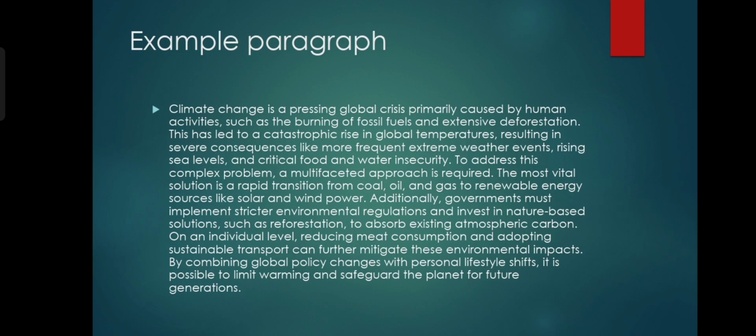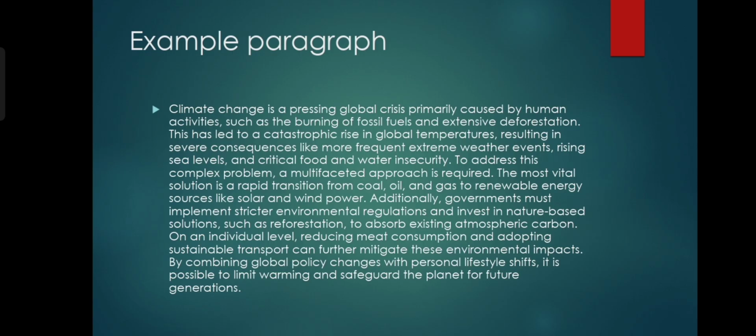Example paragraph. Climate change is a pressing global crisis primarily caused by human activity, such as burning fossil fuels and extensive deforestation. This has led to a catastrophic rise in global temperature, resulting in severe consequences like more frequent extreme weather events, rising sea levels, and critical food and water insecurity.